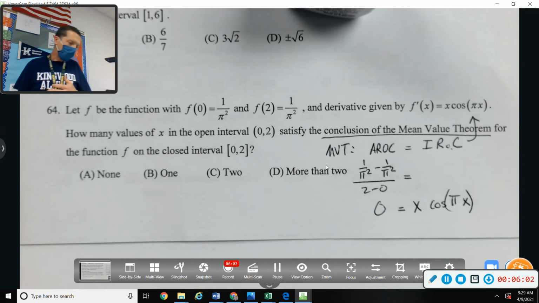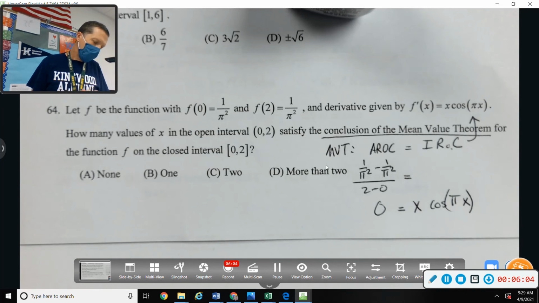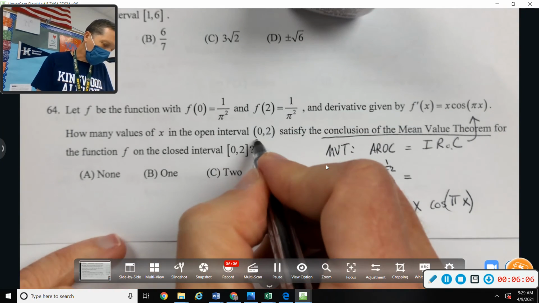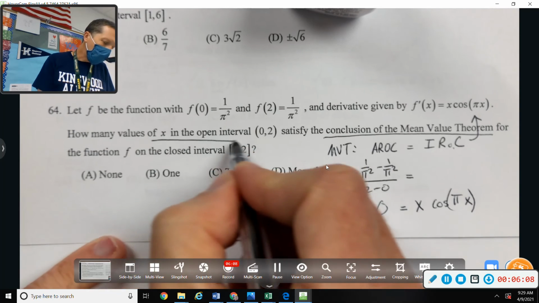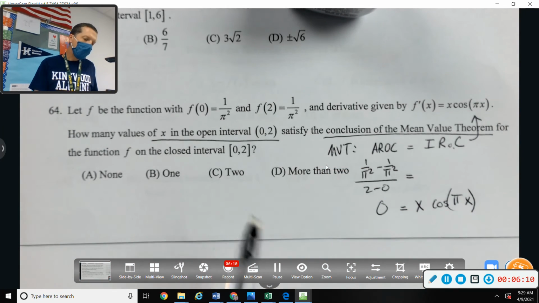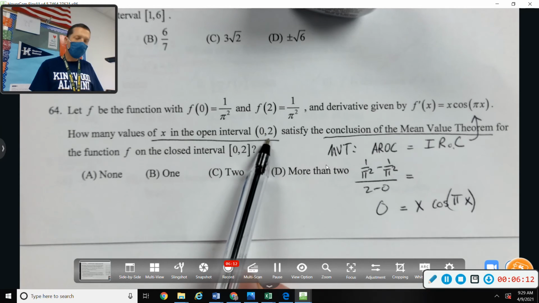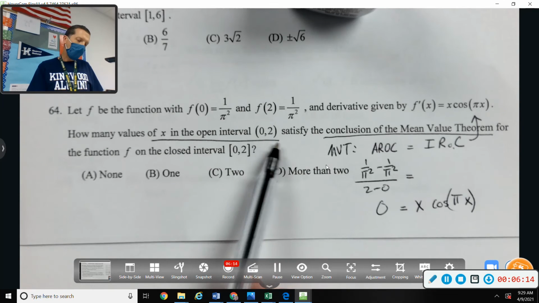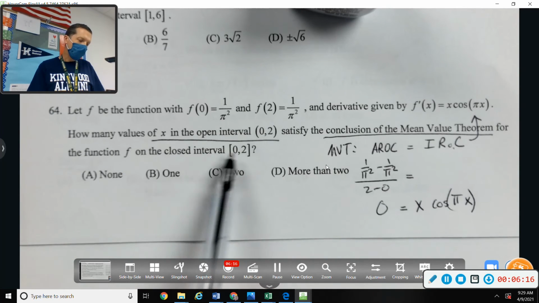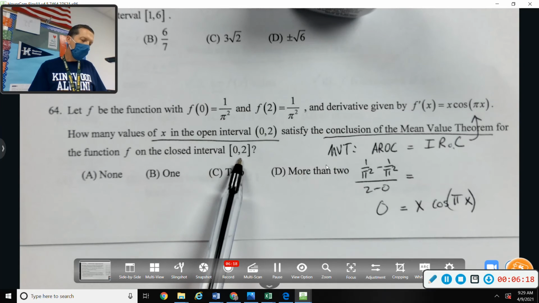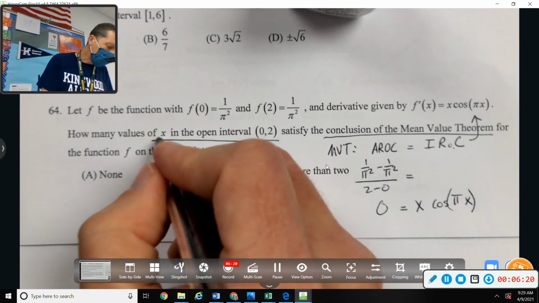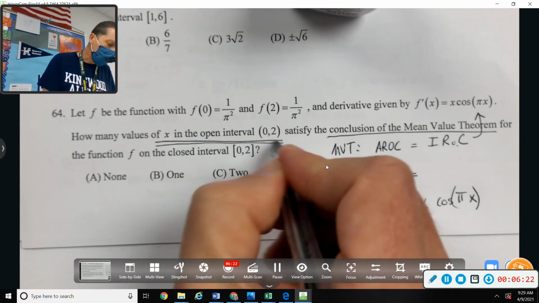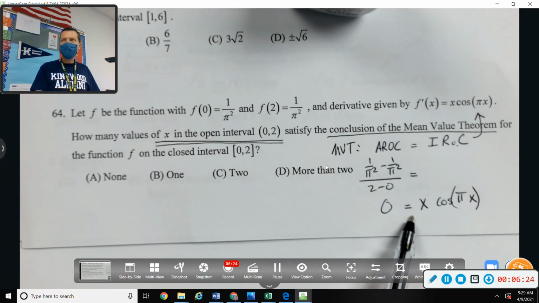So how many values of x in the open interval? Oh, this is tricky. So I don't want to include 0 and 2. Satisfy the MVT for the function f on the closed interval. Well, it says how many values of x in the open interval. So 0 is not allowed, even though 0 would work right here.